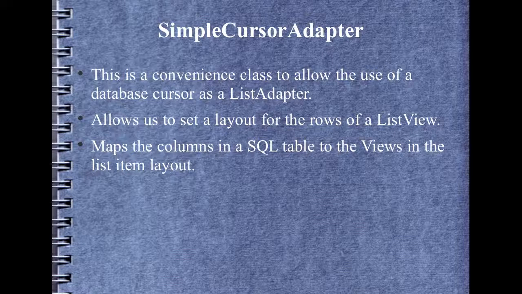What it does is it maps the columns in an SQL table, the cursor, to the views in a list item layout. We provide the integer resource IDs in a list item layout, an array of ints. We provide that as an argument to SimpleCursorAdapter, and then it maps it into the list view automatically for us. It's wonderful.